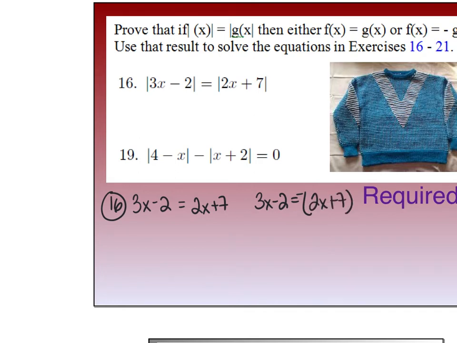You might think, well, don't I have to do both the cases for the other side? If you think about it, if you do both the cases for the other side, you would get exactly these 2 cases, except the negative would be over here, which will give you the same result. So you only have to set up these 2 cases to solve this equation.